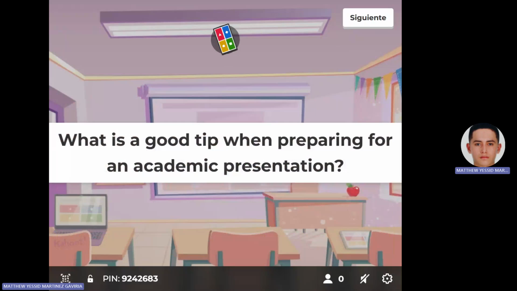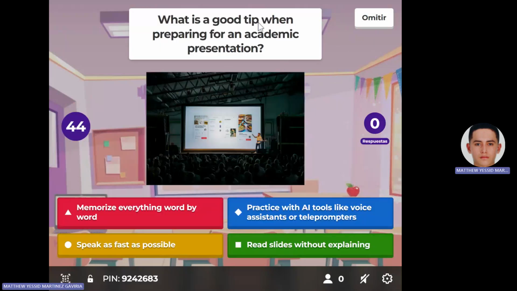For question 7: what is a good tip when preparing for an academic presentation? It's important. We have: practice with AI tools like a voice assistant or Telegram.